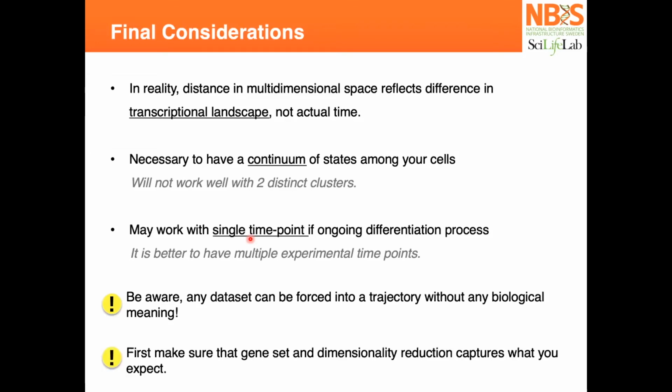And also make sure that the gene sets that you're using have all the heterogeneity for defining these trajectories, and choose an appropriate dimensional reduction. So don't try to separate your clusters. You can always run dimensional reduction again specifically for trajectory. You can also run clustering specifically for doing trajectories, because in many cases, for example, I have my progenitor cells and they are separated in the UMAP, so I can identify them.